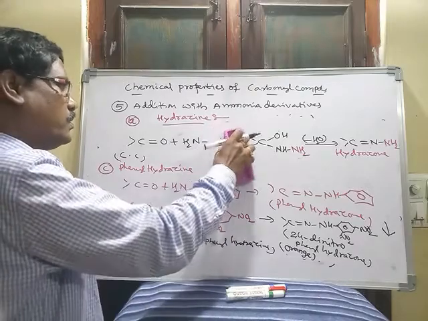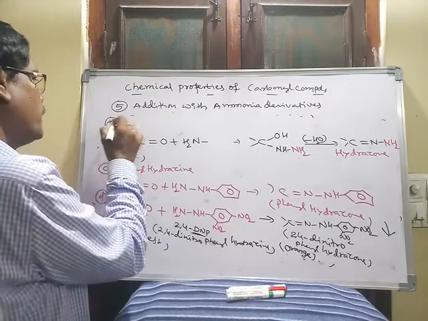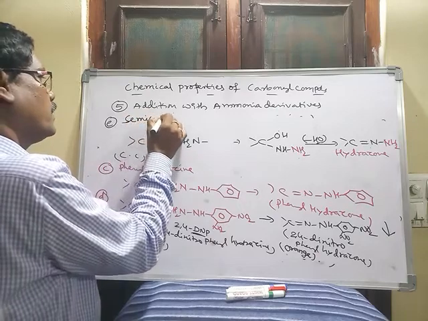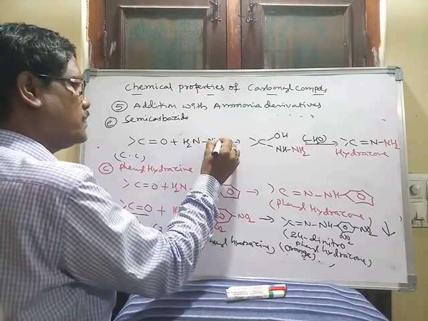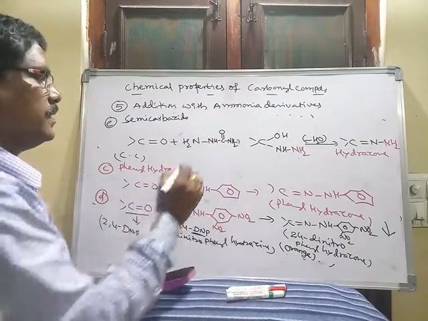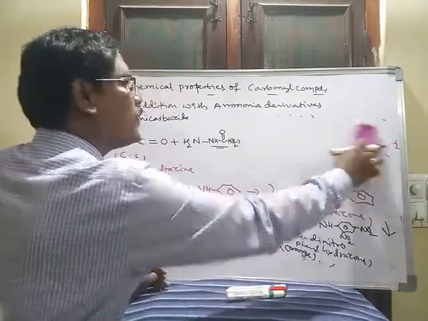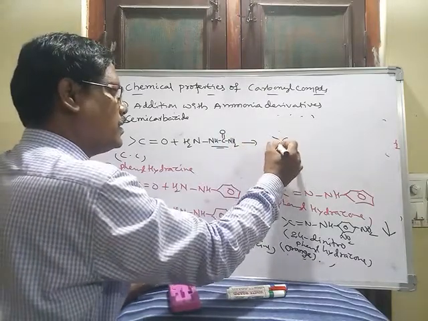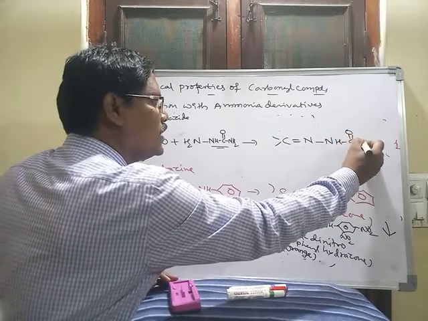Finally, one more, E, with semicarbazide. Its formula is NH-C=O-NH2; this group is present in total. The final product is C=N-NH-C=O-NH2.